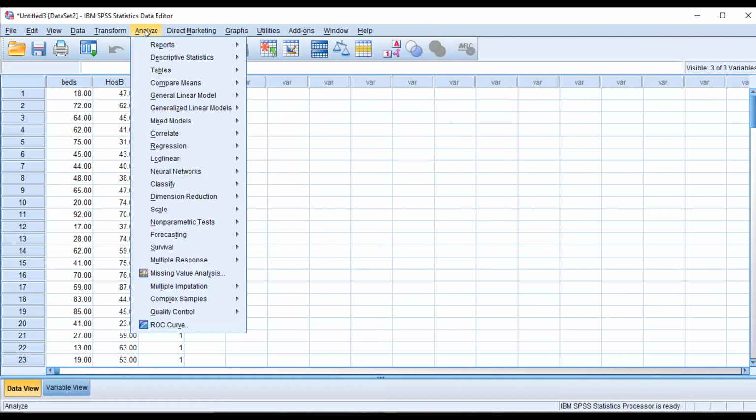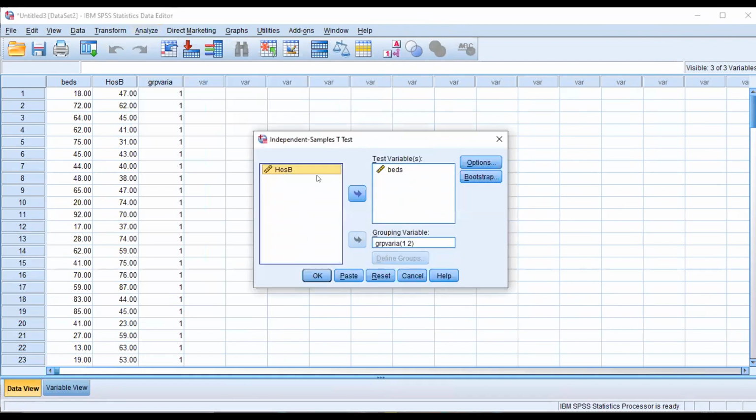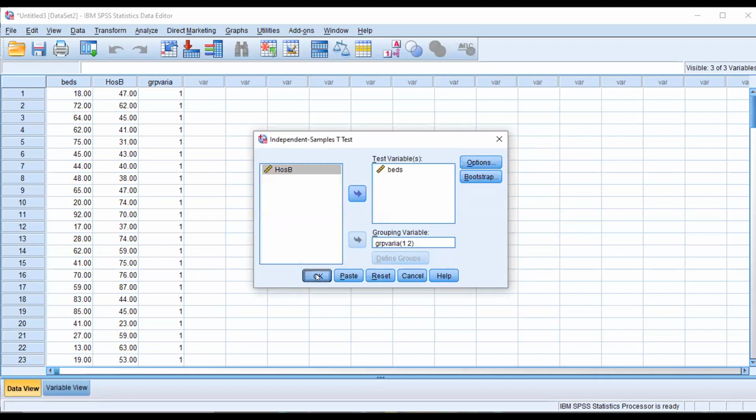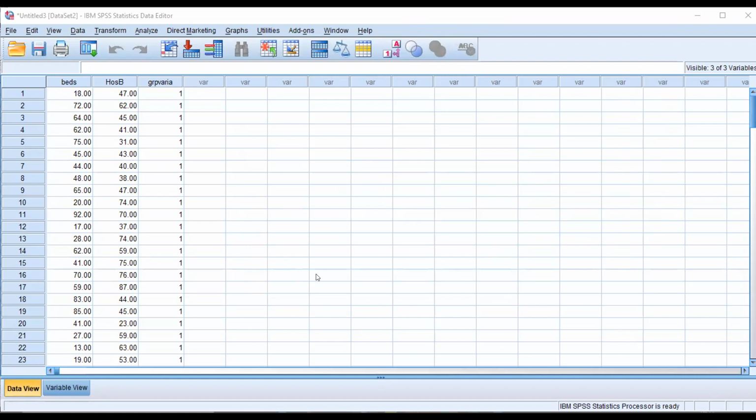For that purpose you need to go to Compare Means, because it is a case of independent sample test. We shifted beds because we want to check beds, and the group variable is defined as 1 or 2. We have only two groups. In options we can set 95%, then continue, then okay. After clicking okay, we have our test results.